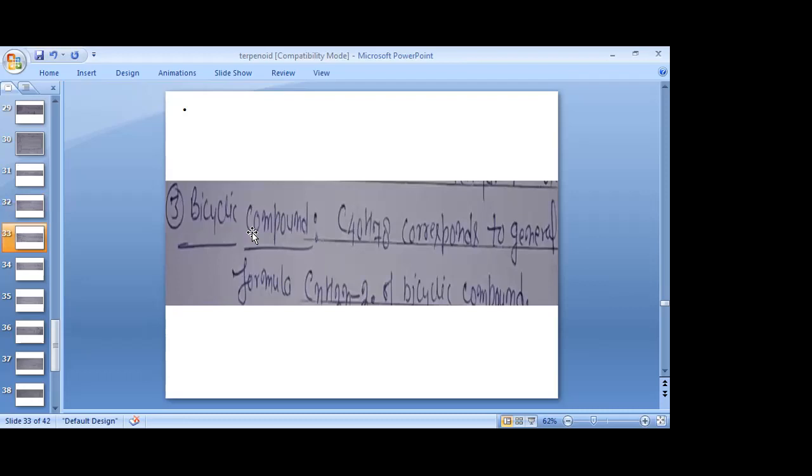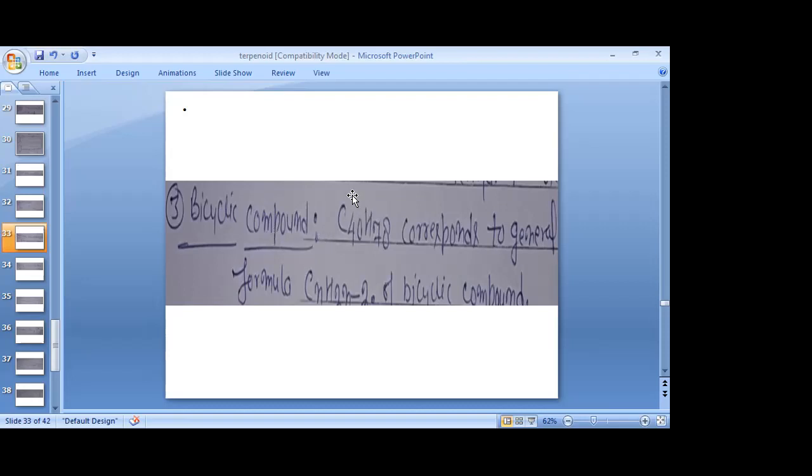Next point of discussion is whether the compound is monocyclic, bicyclic, or tricyclic. As I already told, in beta carotene there are 2 cyclohexene rings. So it means the compound is bicyclic in nature. How do we confirm that? It is on the basis of the general formula.